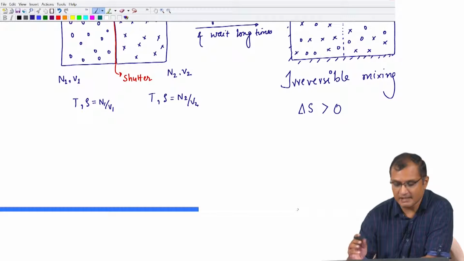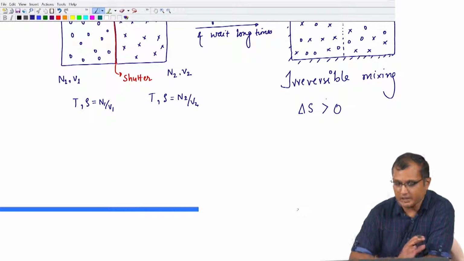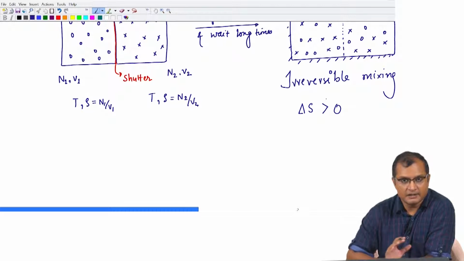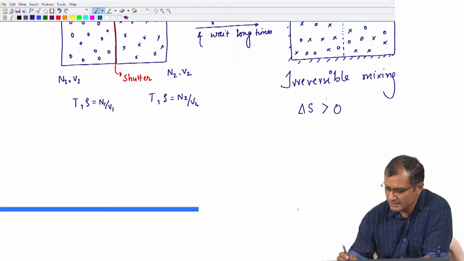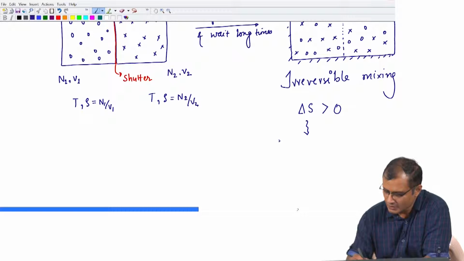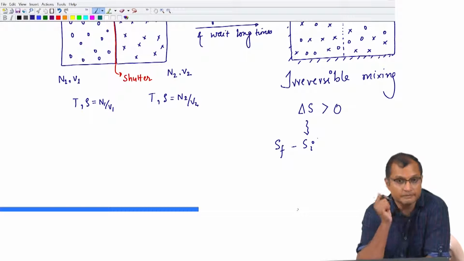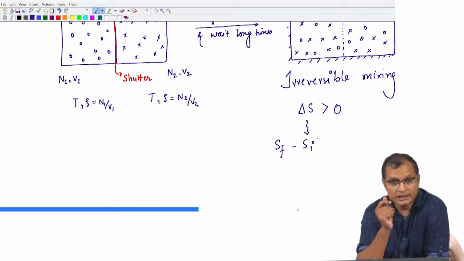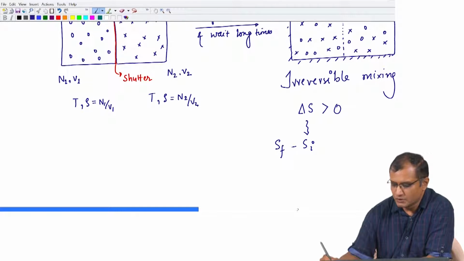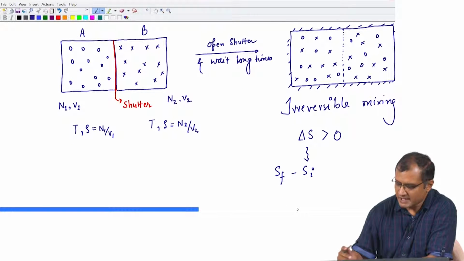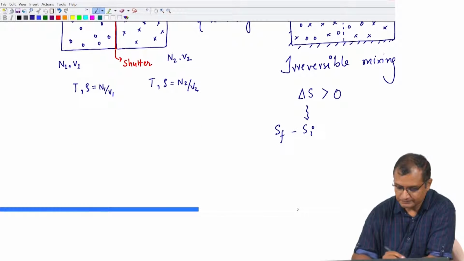Now, what this delta is, is basically the entropy of mixing, or the total entropy difference between initial and final. So, this delta is nothing but the entropy of the final configuration minus the entropy of the initial configuration, and this is a positive number. We can calculate this, and this delta is precisely called the entropy of mixing.